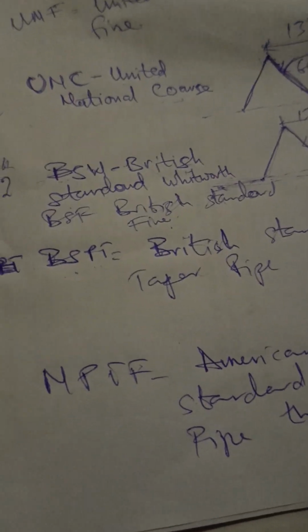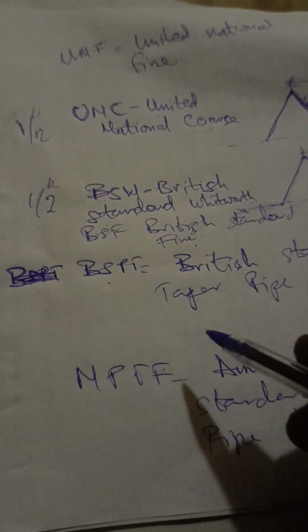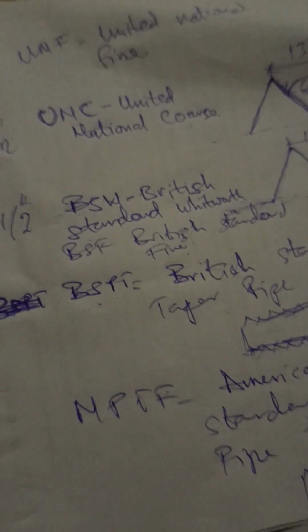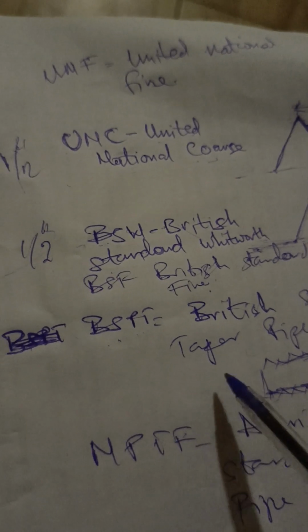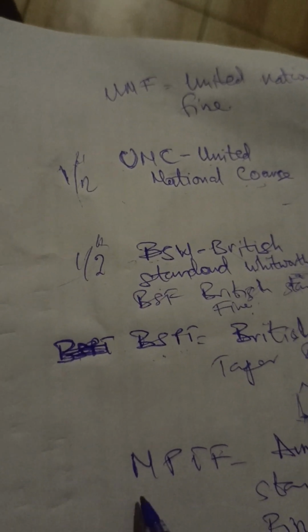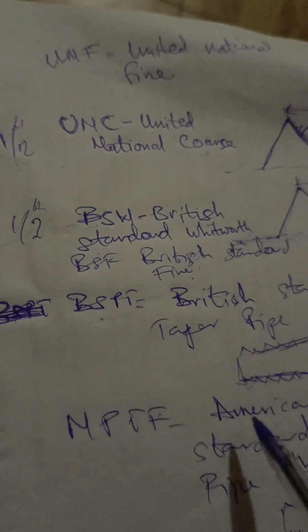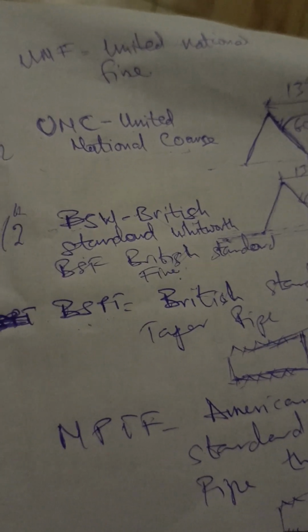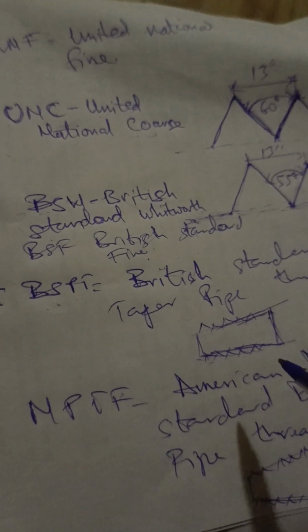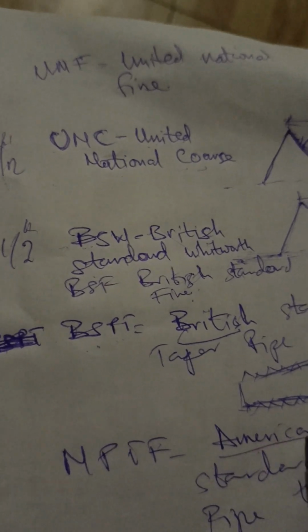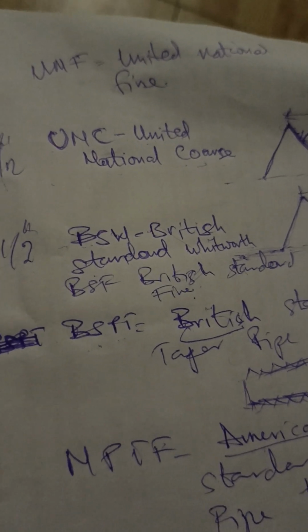Let's look at the difference between these ones. Looking at the British Standard dry seal taper pipe and the NPTF, which is the American National Standard dry seal taper, the key words we have to look at are British and American.